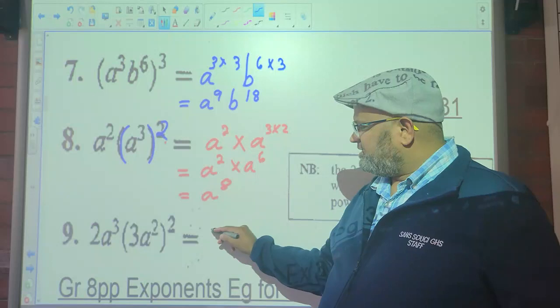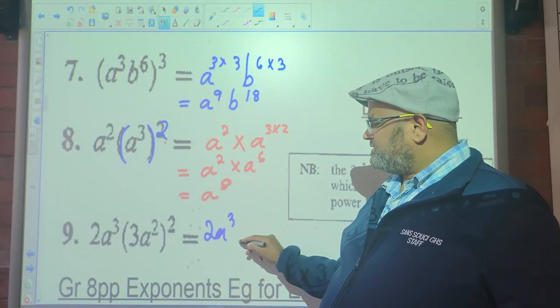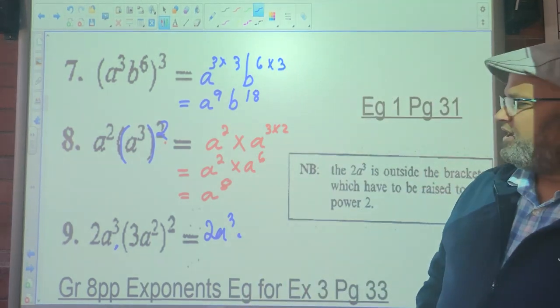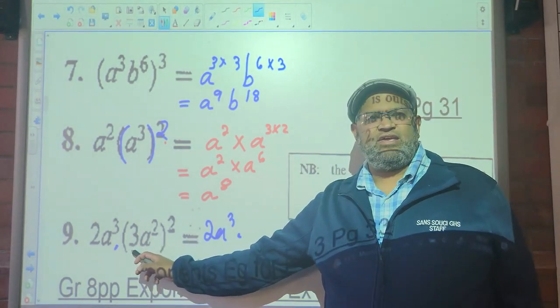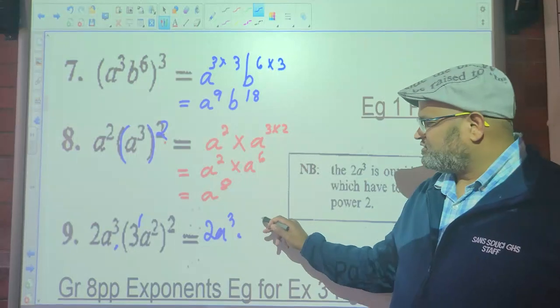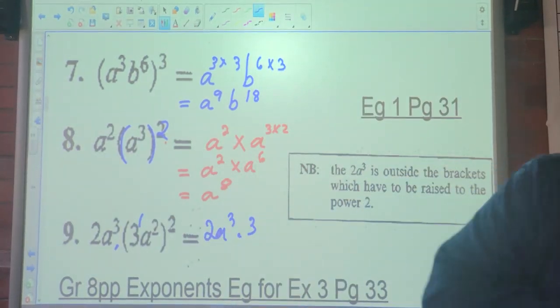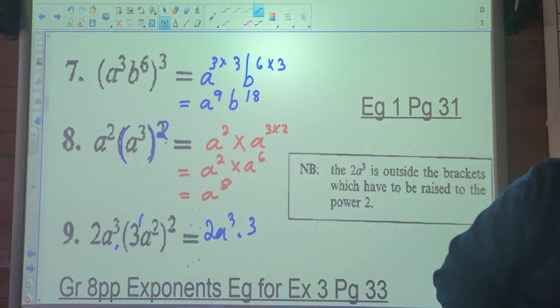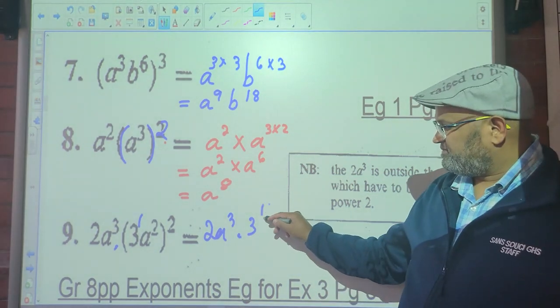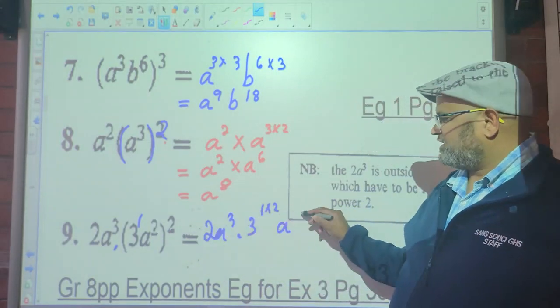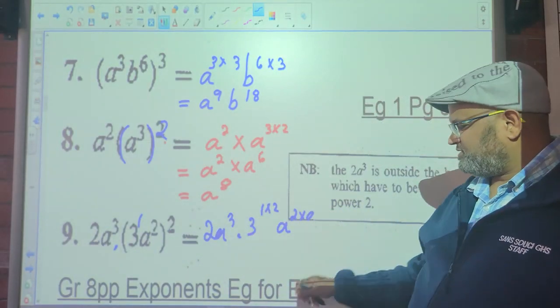So what do we have here? 2a cubed times the bracket, and as we know, between the bracket and that is multiplication. What is the exponent on the 3? 1. So it will be 3 to the exponent 1 multiplied by 2. What's 1 multiplied by 2? 2. And the exponent on a? 2 times 2.